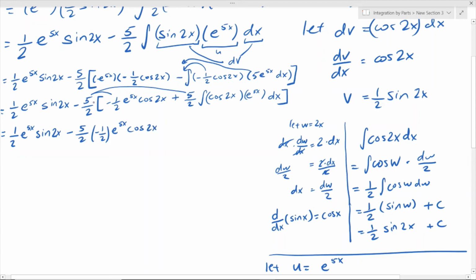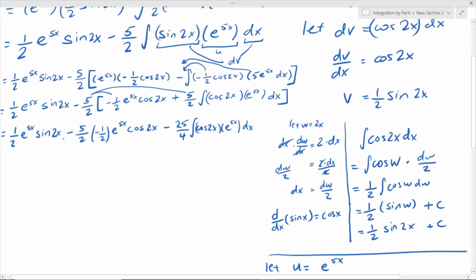And then from here, negative 5 over 2 times 5 over 2. I'm just going to combine it and just say that 5 times 5, well, that's going to be 25. Right, 2 times 2 is going to be 4, and I have a negative here because there's a negative here and a positive, so it's just going to be a negative right here. And then here the integral of this, so cos 2x times e to the exponent of 5x times dx, just like that.